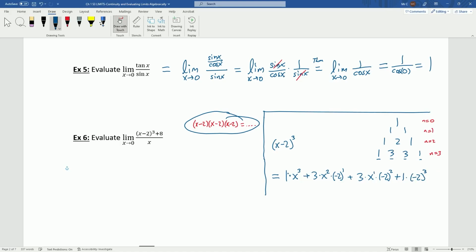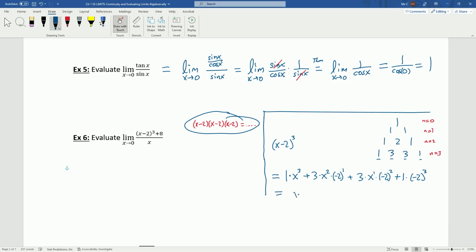So see, all that happens is your first term is this coefficient times x to the power, and then for each next term, you decrease the power of x, you increase the power of negative 2, and you go down the line like that. And these are your coefficients for each term.